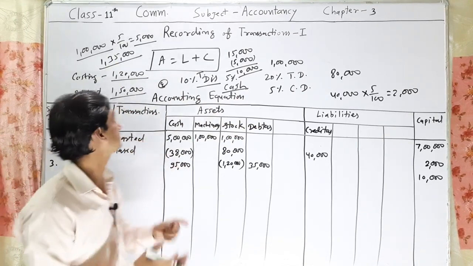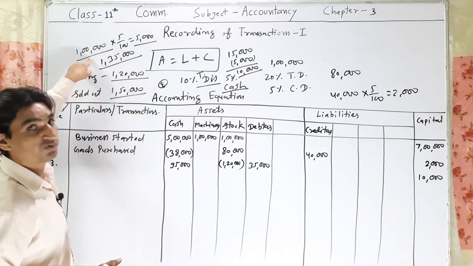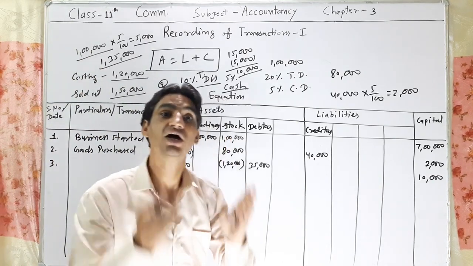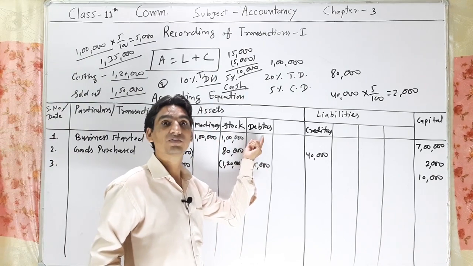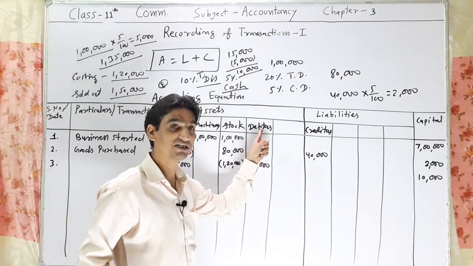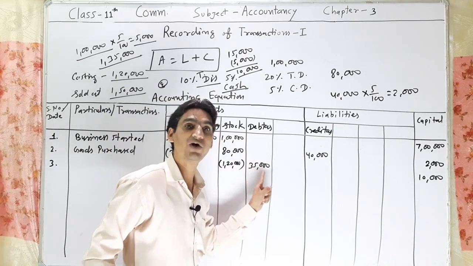The remaining balance: total sales 1,35,000, cash received 1 lakh, so the remaining 35,000 will be treated as credit sales. A person to whom goods are sold on credit is treated as a debtor, so the debtor balance will be increased by rupees 35,000.